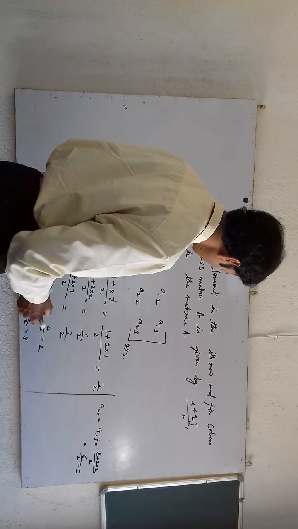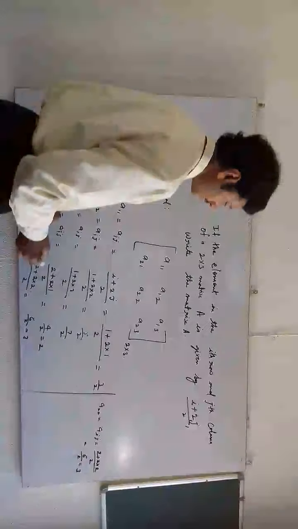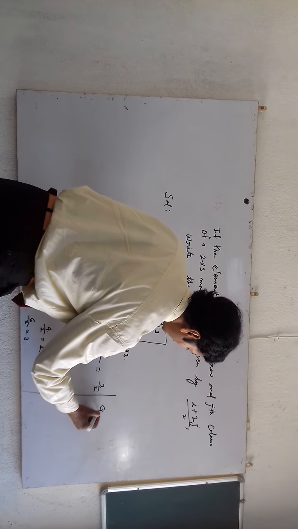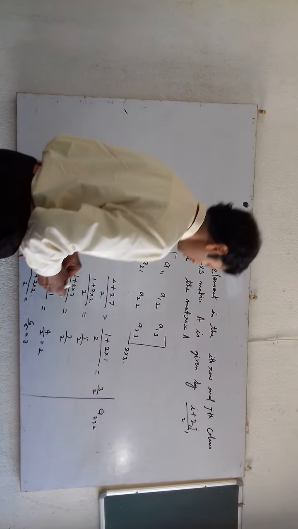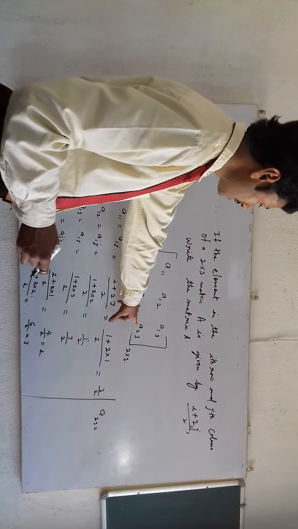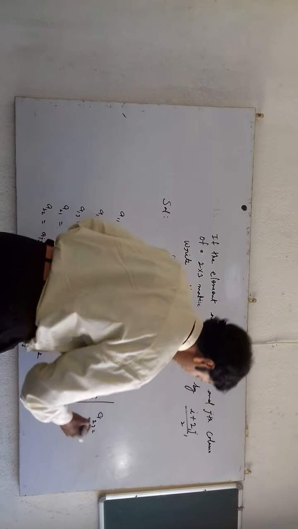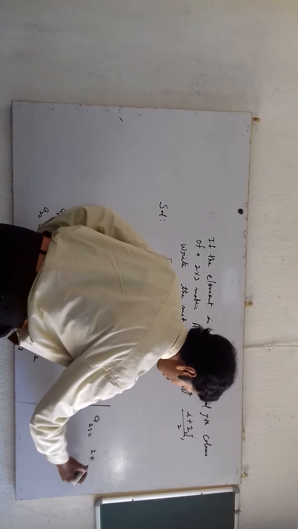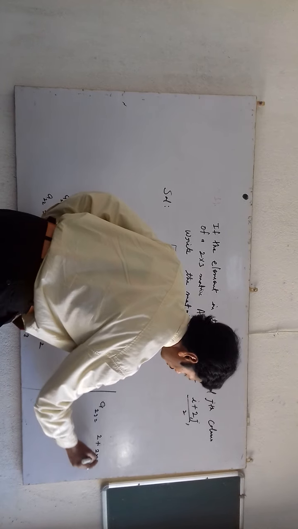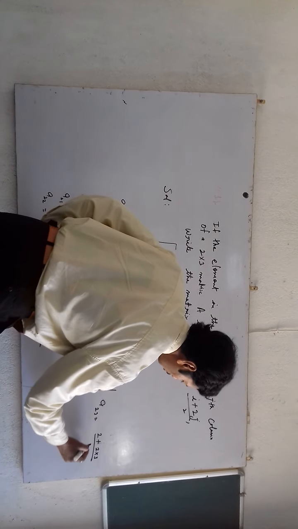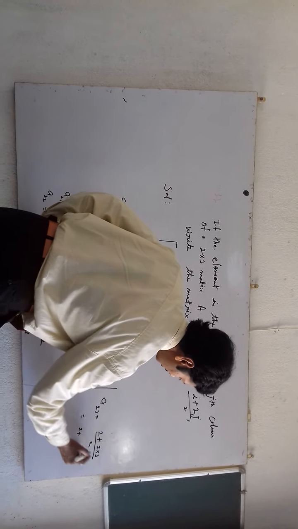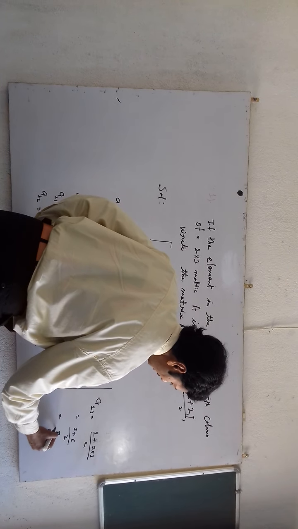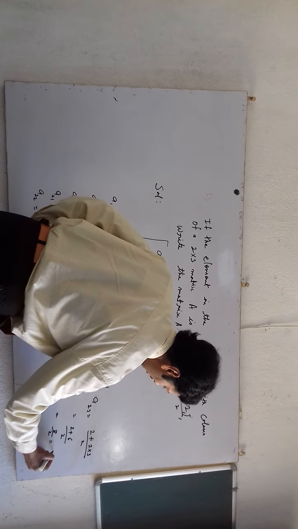The next number is a23. So our last number, that is the sixth number, can be represented as 2 plus 2 into 3 upon 2. We get 2 plus 6, 8 by 2. On solving we get the number 4.